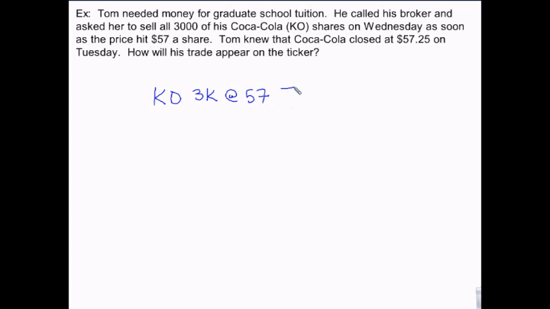And since it was $57.25 before, it's going to be down 0.25. Does that make sense? Where I got all those?